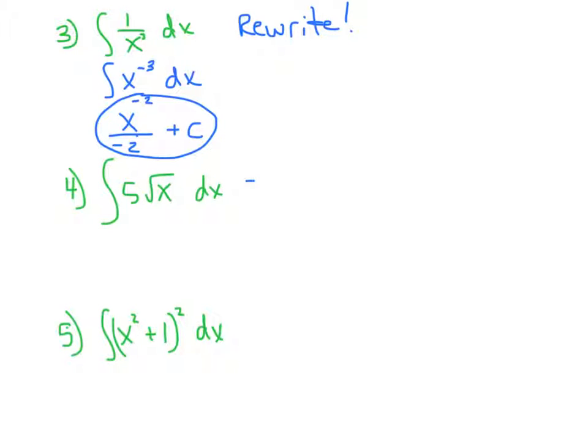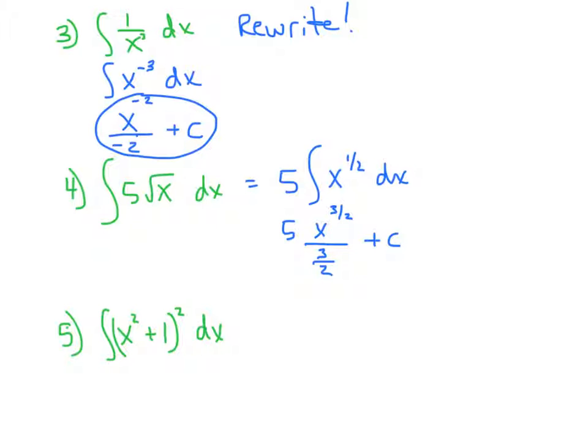All right, the next one, the integral of 5 square root of x dx. So again, I'm going to rewrite this. I'm going to put the 5 out in front, the integral of x to the 1/2 dx. So the 5 just comes down, and then the integral of x to the 1/2 would be x to the 1/2 plus 1 would be 3/2 divided by 3/2 plus c. All right, we definitely want to clean this up.